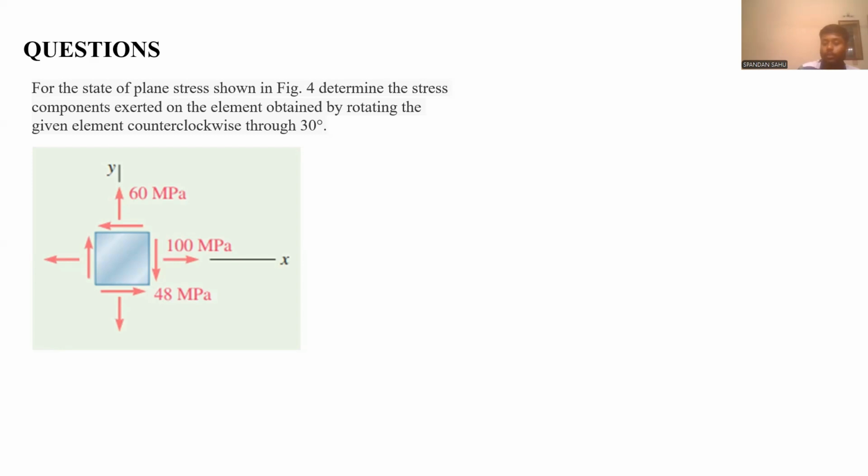First and foremost, draw the Mohr circle. Please draw it and let me know if you are able to, or if you are facing any issue.